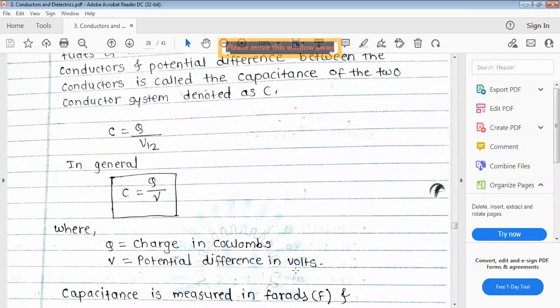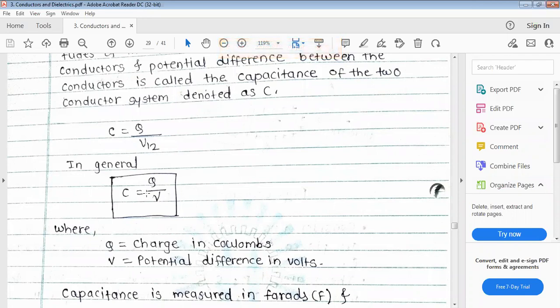So what is the unit of this capacitance C? Capacitance is measured in farads. Yes, it is measured in farad. And from this formula, can anyone tell me the unit?